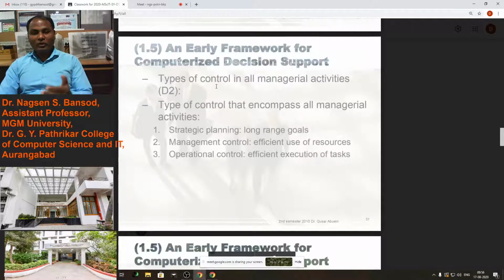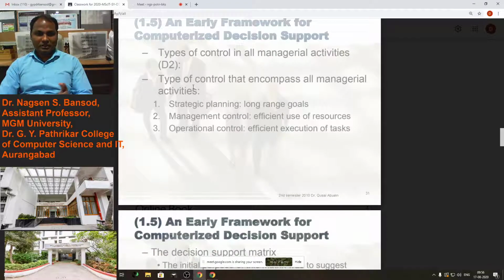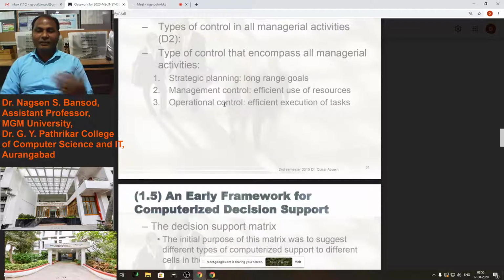Now, type of control encompasses all managerial activities, like strategic planning. Strategic planning is a long-range goal.